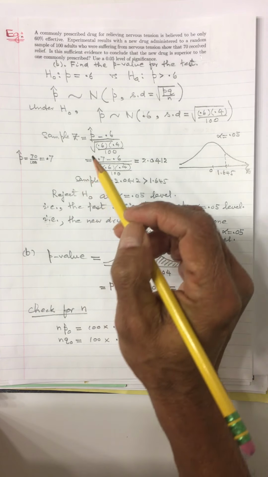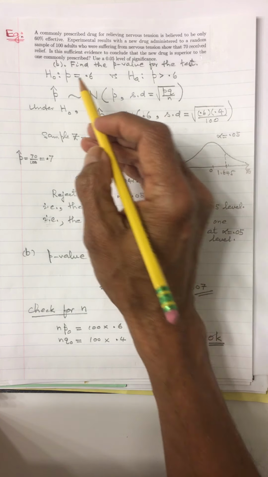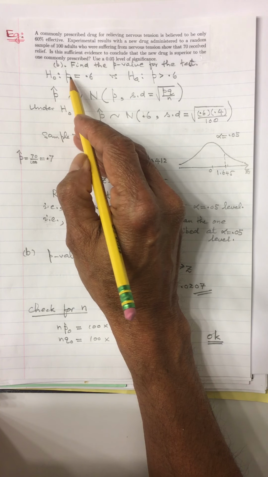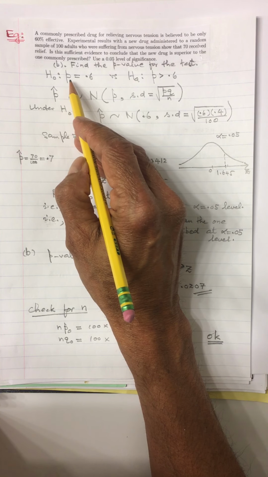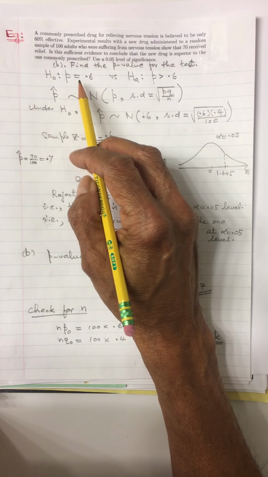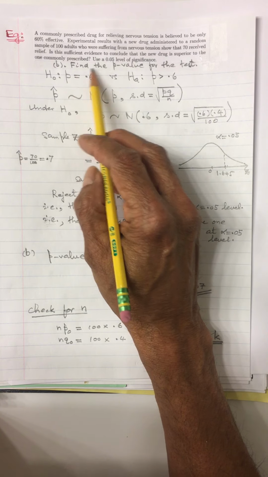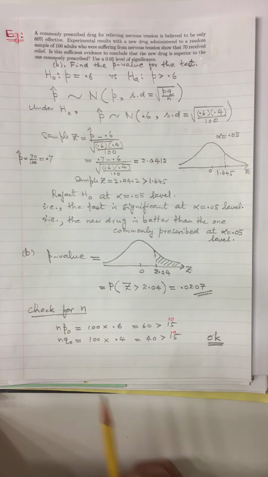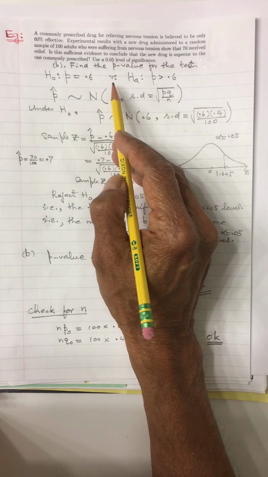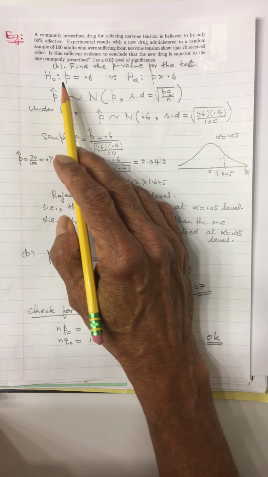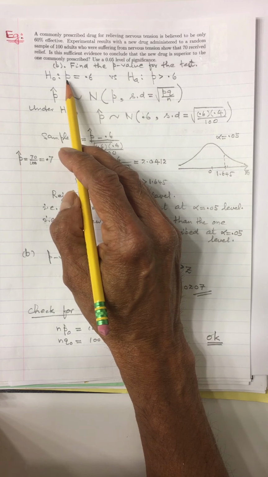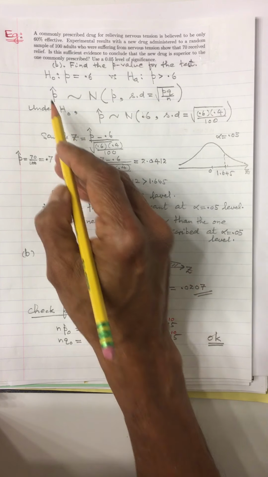So you want to check whether the new drug is effective, that is, whether the effective rate is more than 0.6, because 0.6 is for the old drug. If it is more than 0.6, it's effective. So that's the alternative hypothesis you want to check, and the null is p equals 0.6.